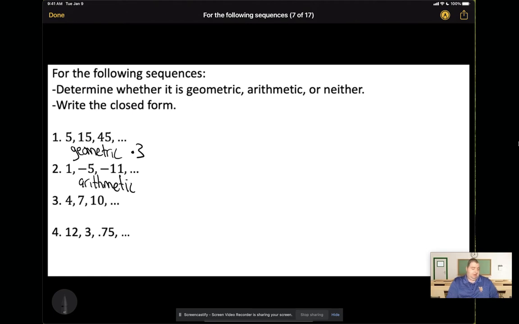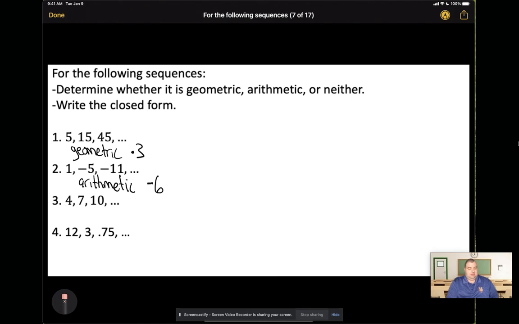And our pattern looks like to go from 1 to -5 would be going down by 6. And then -5 minus 6 is -11. So my pattern is to subtract 6 each time. So this is definitely an arithmetic sequence.